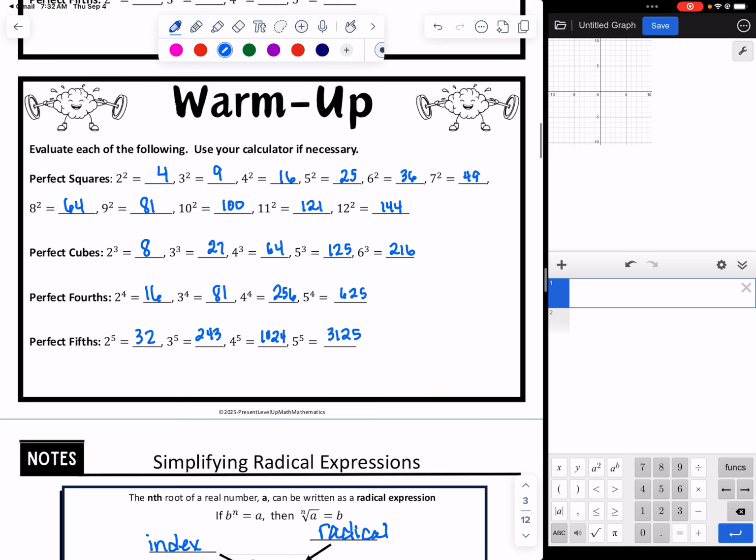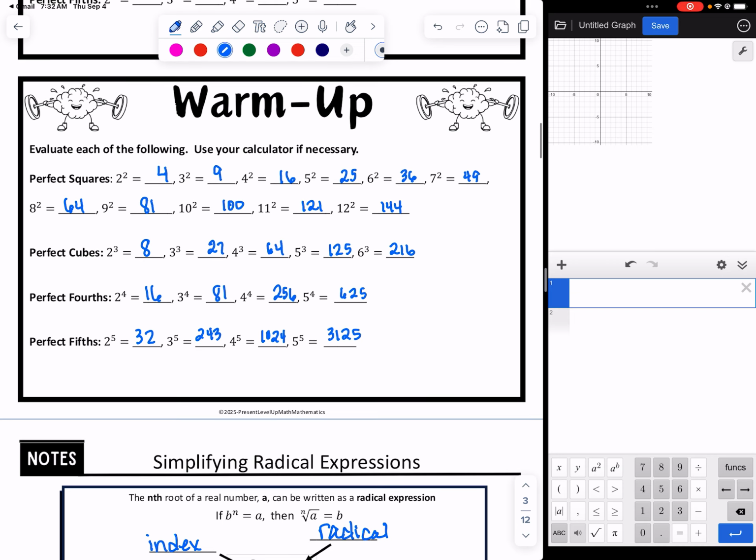All right. So our next one, we have square root 75. I'm going to split this square root 75 into 2 square roots. I want my first square root to be a perfect square. So I'm going to look up here at my perfect squares, and I want you to notice that 25 is a factor of 75, because if we multiply 25 times 3, we get 75.